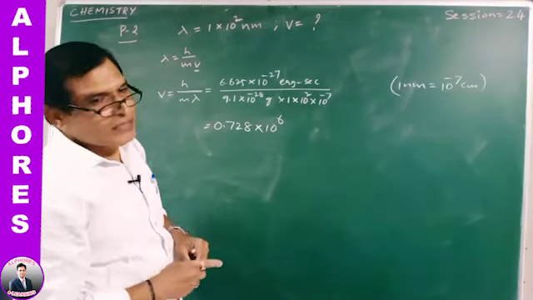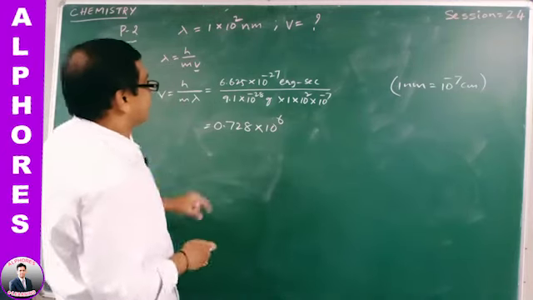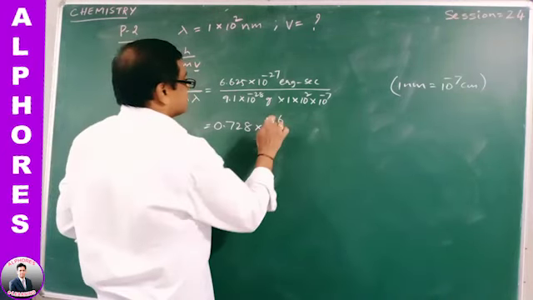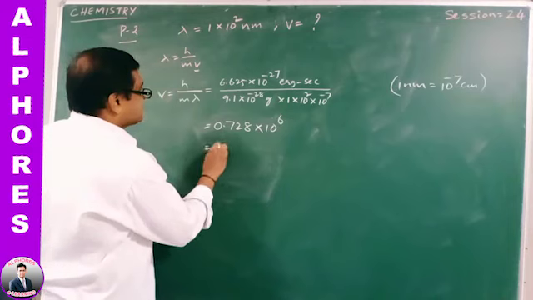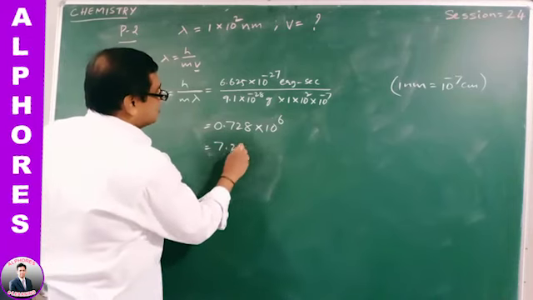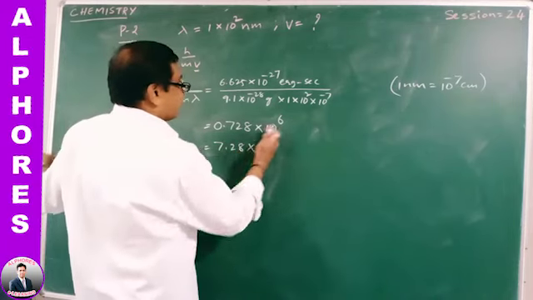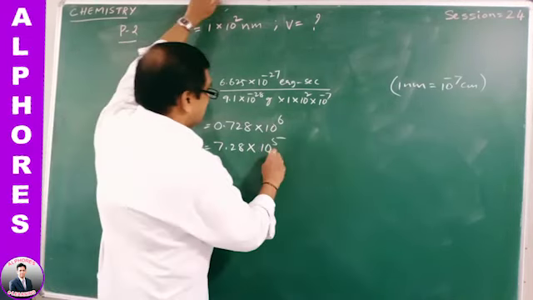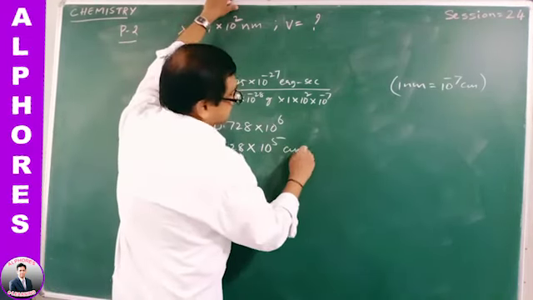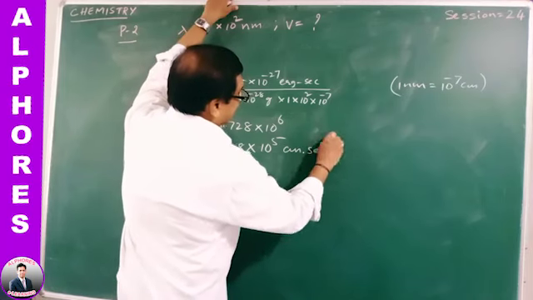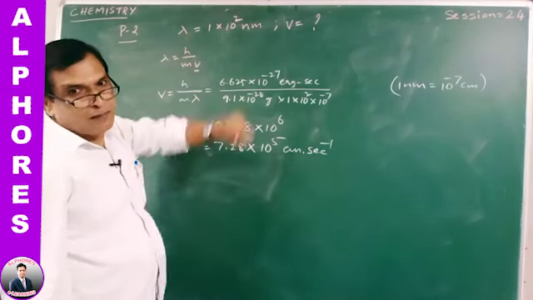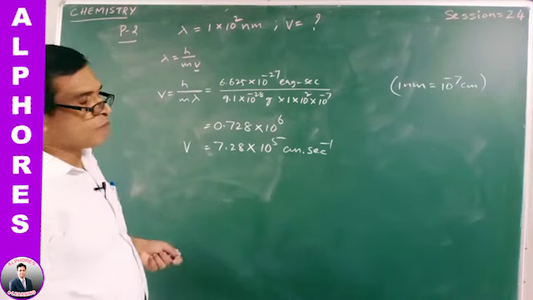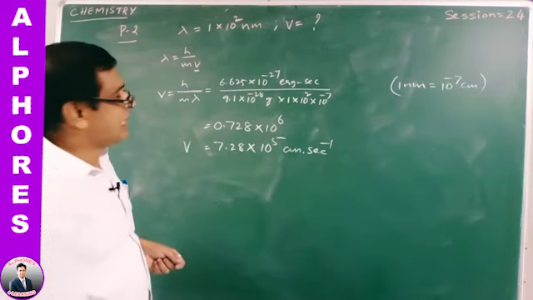So the velocity we are getting is 7.28 into 10 to the power 5, that is velocity in centimeters per second. That is the velocity of the electron.